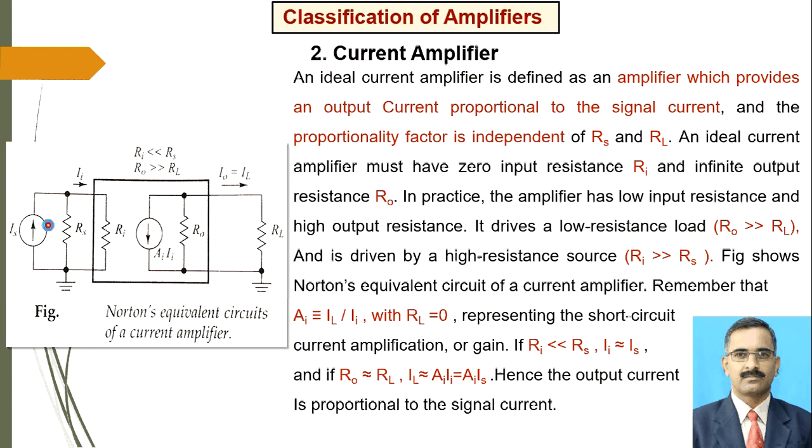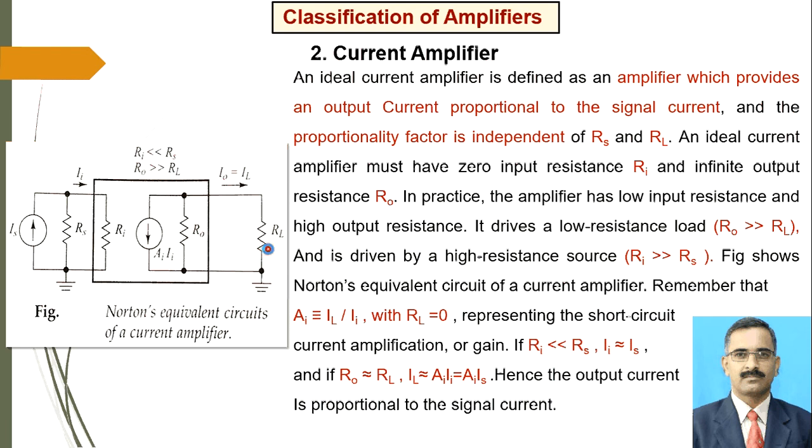Here Is is the input source current, Ii is the input current, Ri is the input resistance, R naught is the output resistance, and RL is the load resistance. So I naught is nearly equal to IL, because RL is very low.